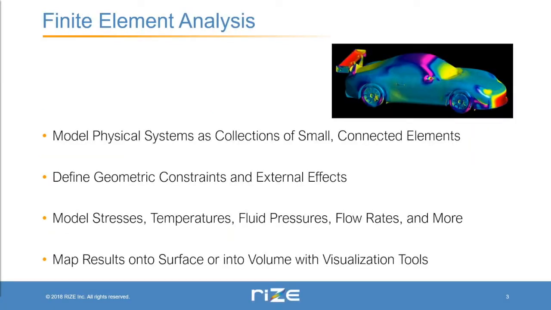So first, here is a general overview of finite element analysis, or FEA as it's often called. This is a method of modeling physical systems as collections of small connected elements.